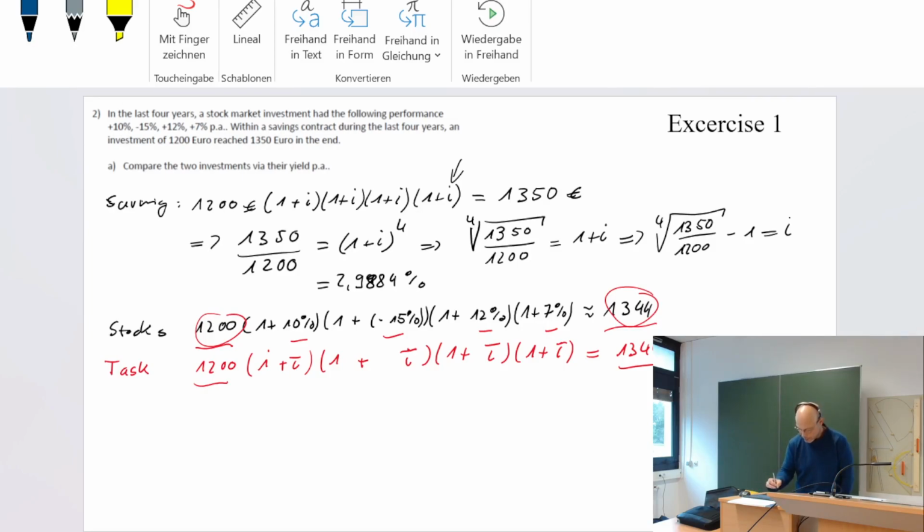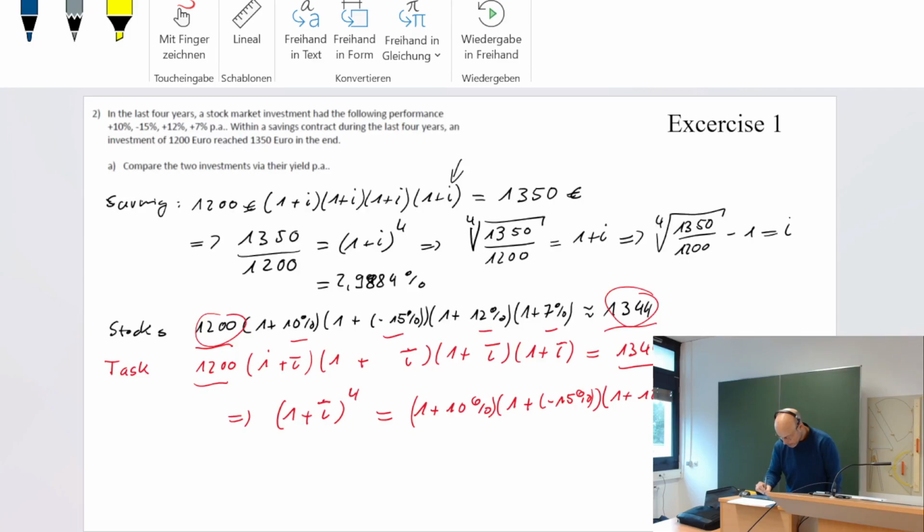Because then we just have to calculate 1 plus i bar to the power of 4, which is 1 plus 10% times 1 minus 15% times 1 plus 12% times 1 plus 7%. And what we have to do then is just to take the fourth root of these 4 growth factors or interest factors.